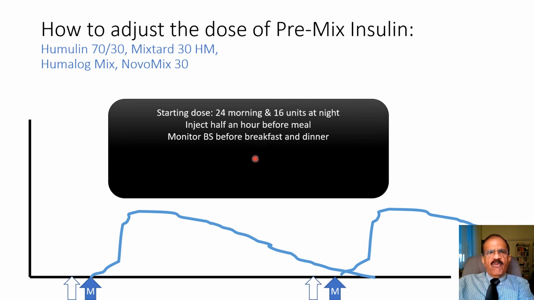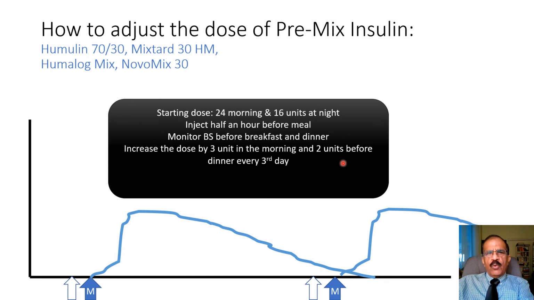Inject half an hour before meal, monitor blood sugar before breakfast and before dinner. Increase the dose by 3 units in the morning and 2 units before dinner every 3 days till you achieve your goal of blood sugar of less than 130. I would set a goal of pre-dinner at 130 and a goal of fasting at 110.